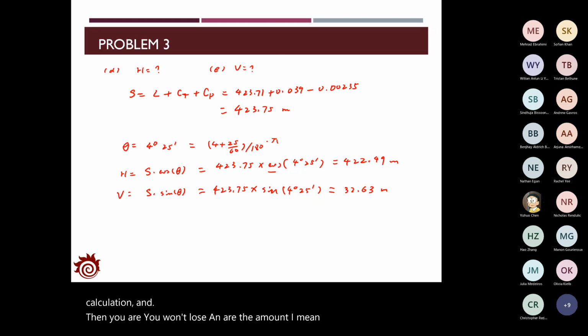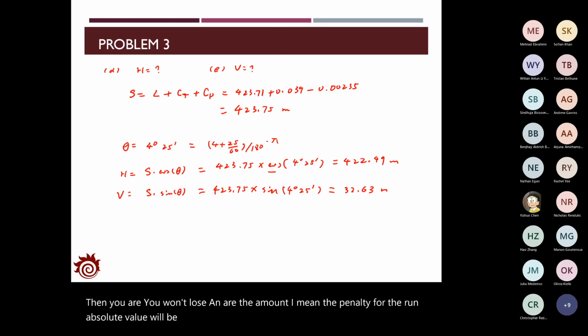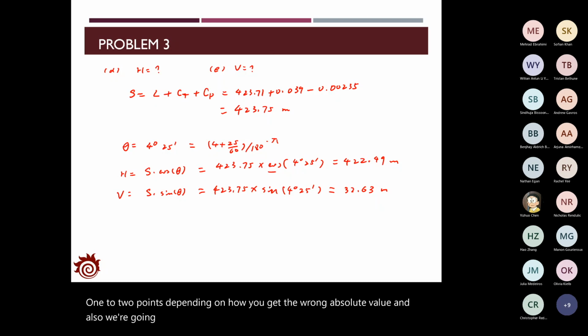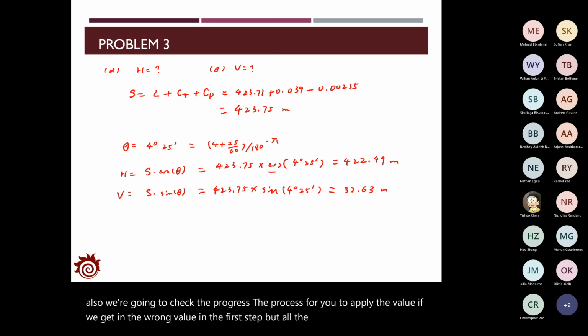The penalty for the wrong absolute value will be very small. You will just take like 1 to 2 points depending on where you get the wrong absolute value. And also we're going to check the process for you to apply the value. If you get the wrong value in the first step, but all the rest of the calculation is correct, that should be fine.